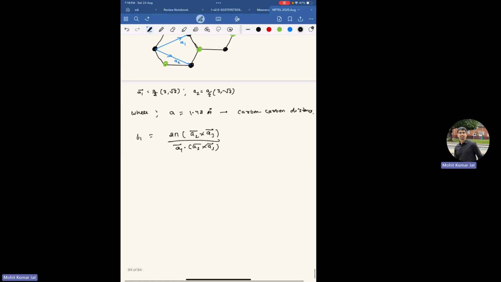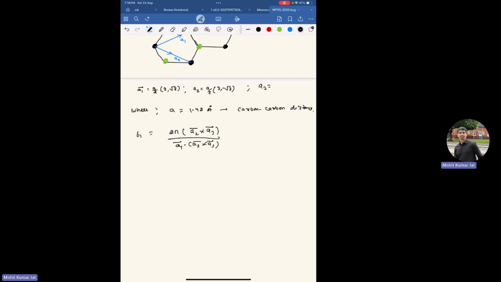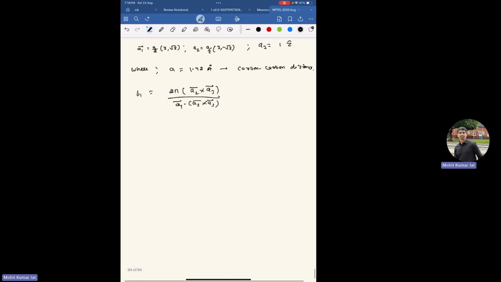Here a3 you can take to be a unit vector z cap, while these are x, y. If you do so and calculate, b1 will essentially be 2 pi by 3a, (1, root 3). Since it's a honeycomb lattice, your Brillouin zone will also be a honeycomb lattice, and b2 is 2 pi by 3a, (1, minus root 3).